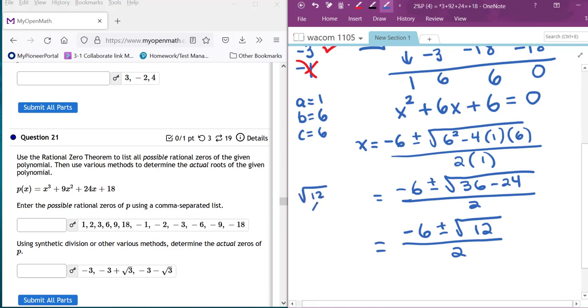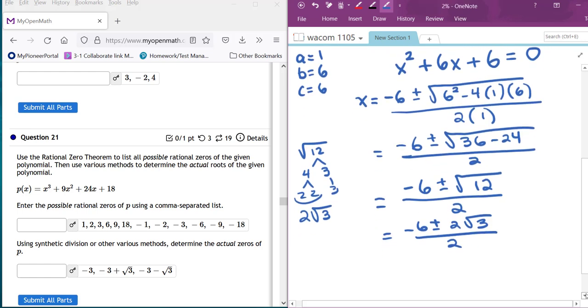12 has 4 times 3 in it. And 4 is your perfect square. So we can take out a 2. So 2 times the square root of 3. And we can simplify this because around your plus and minus, you have a common factor of 2.